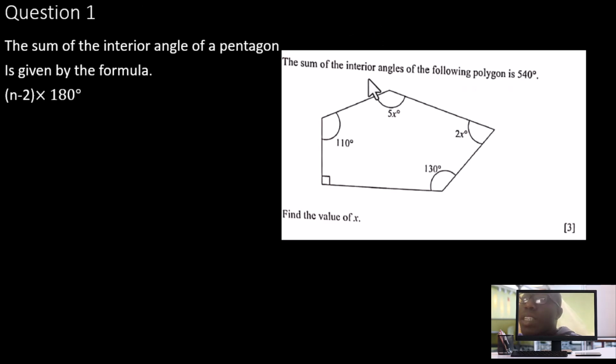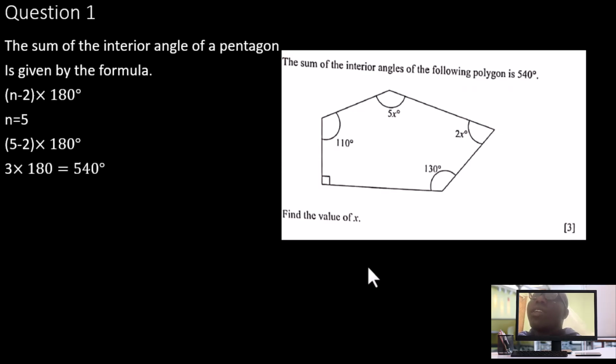This polygon has 5 sides: 1, 2, 3, 4, 5. So n is 5. Then we subtract 5 minus 2 according to our formula, multiplied by 180.